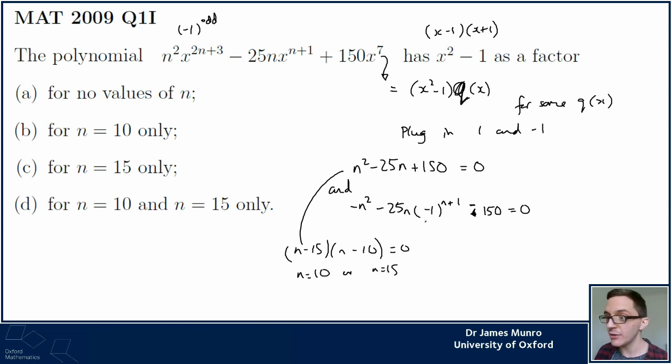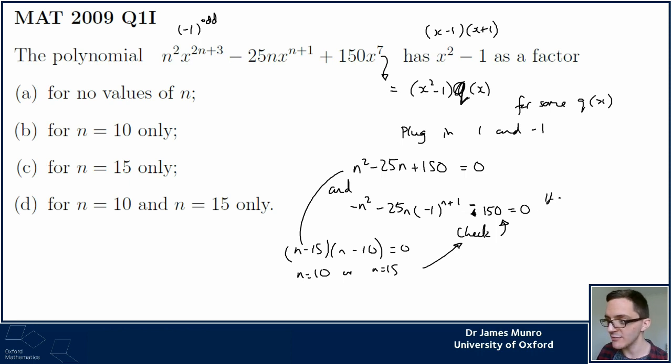But then we should check our answers. We should check whether this works in the second one as well. I suppose this says if n is even, then this works out as a minus sign. So this second equation will be exactly the same as the first one with a minus sign on each term.